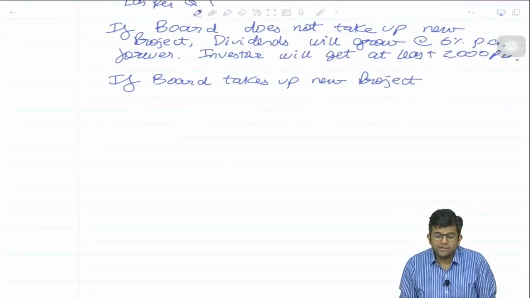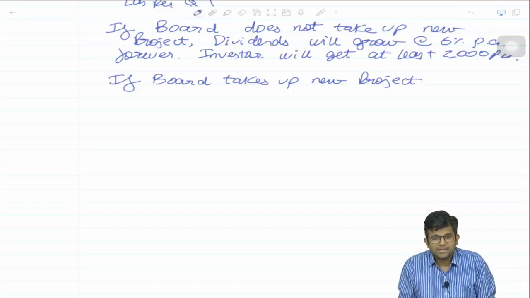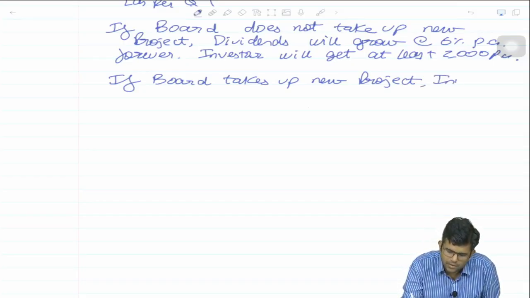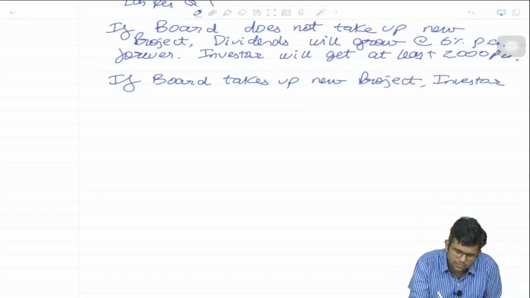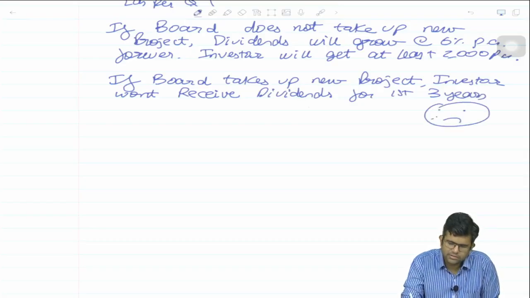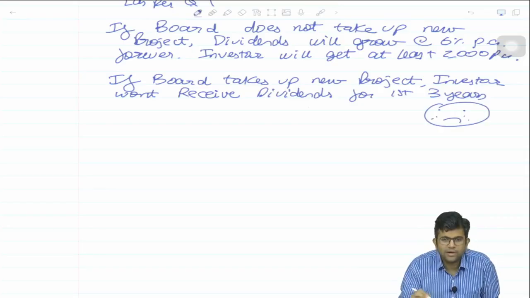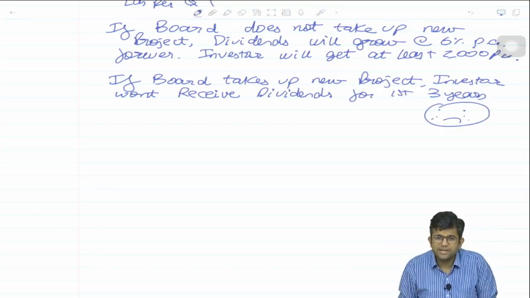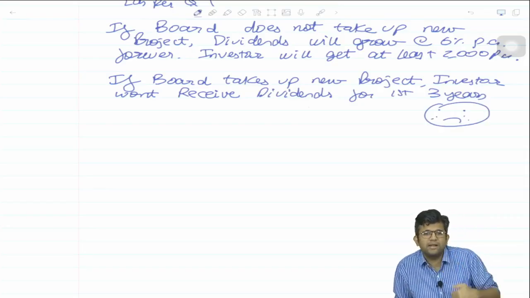Students, if the board takes up a new project, the investor won't receive dividends for the first 3 years. Everyone, are you all able to understand? For the first 3 years, the investor won't get dividends.